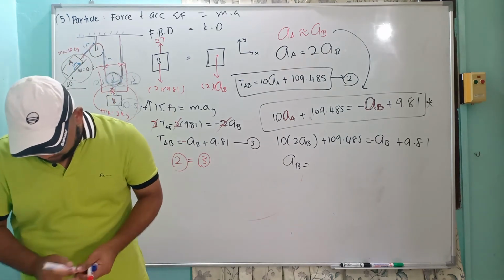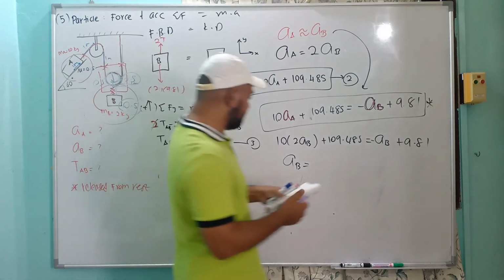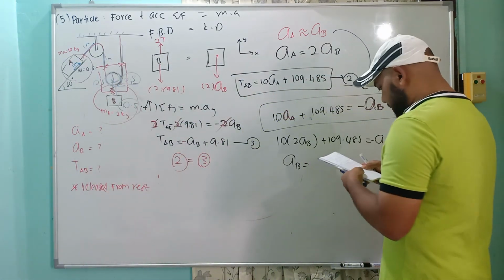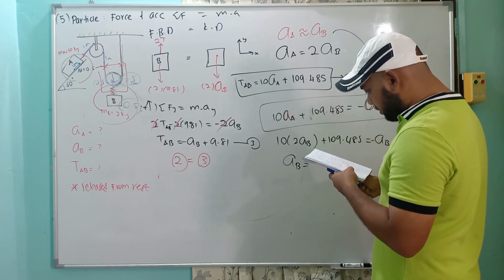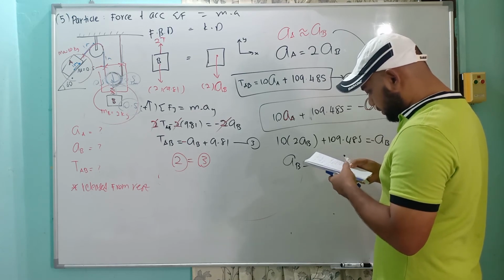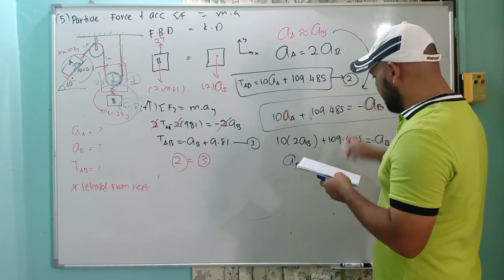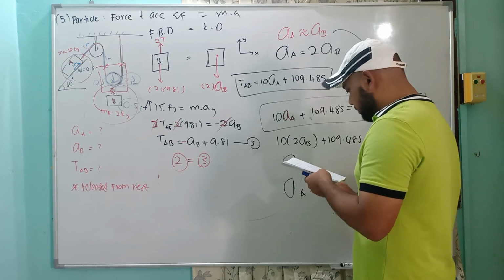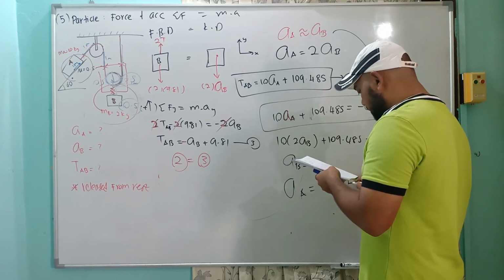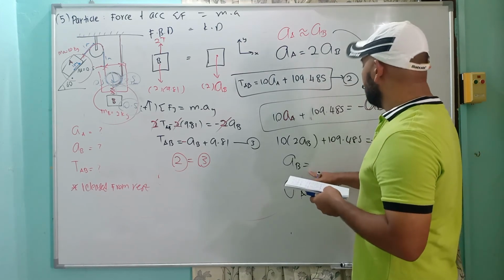I don't have a calculator here. So from here I will have AA equal to minus 9.49 meter per second squared.